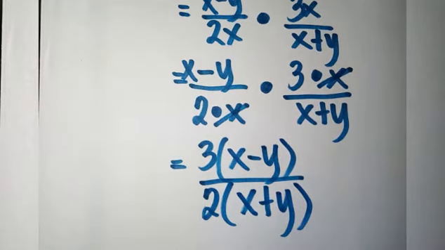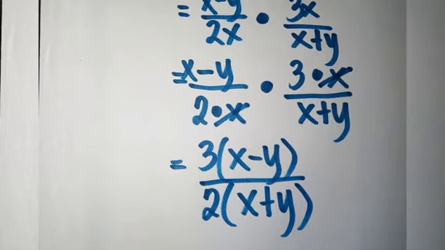Okay, so paano naman yung ating second method, which is by multiplying the numerator and denominator of the complex rational expression by the LCD of the numerator and denominator, then simplify. So, dito naman, kukunin natin yung ating LCD.